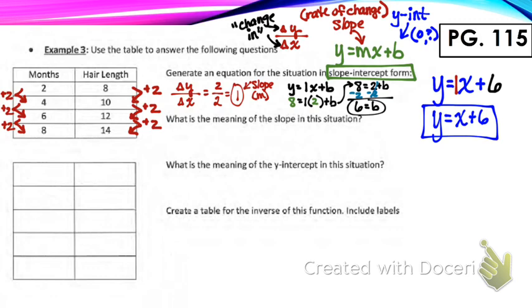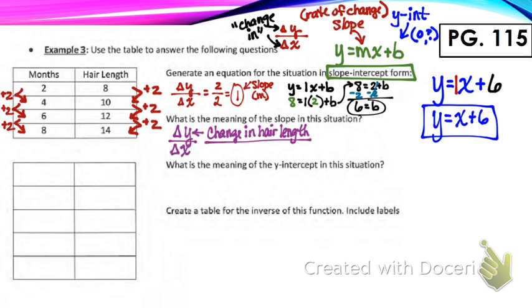What is the meaning of the slope in this situation? So what are the y values telling me about? The hair length. Change in y would be change in hair length divided by the change in x.